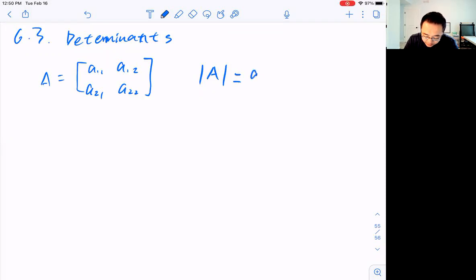It equals A11 times A22 minus A21 times A12. Essentially, you multiply on the main diagonal, A11 and A22, then subtract the product of the other diagonal, A21 and A12. And that's it.